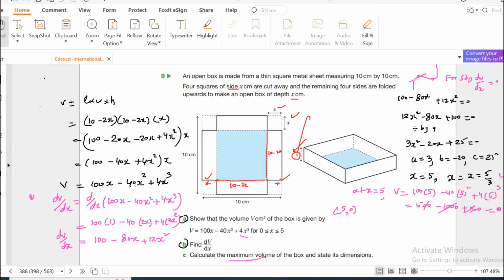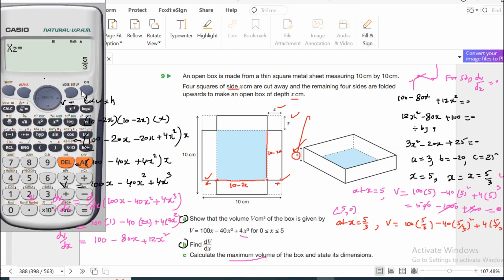We check at the second value, 5 over 3. Now I'm checking the V value at x equal to 5 over 3. Our maximum volume becomes 100 times 5 over 3, minus 40 times 5 over 3 whole squared, plus 4 times 5 over 3 whole cubed. If you put the same value in the calculator, I'm checking here.